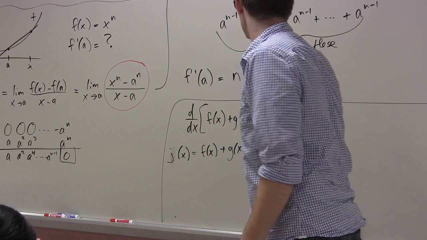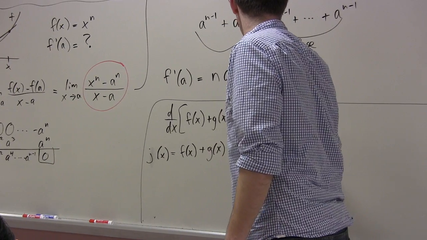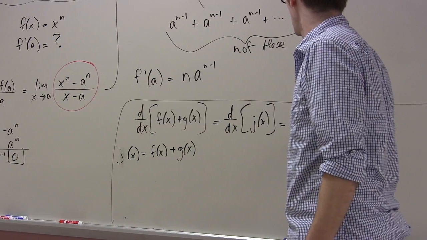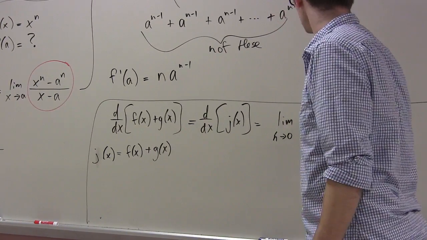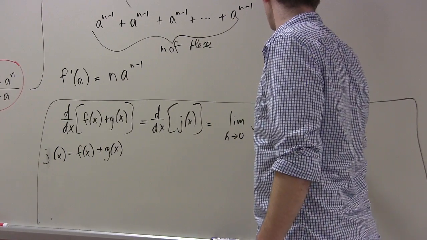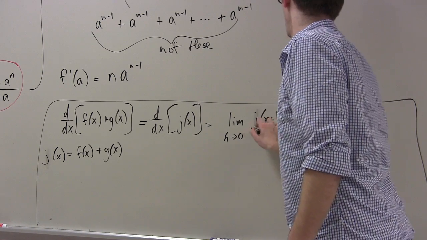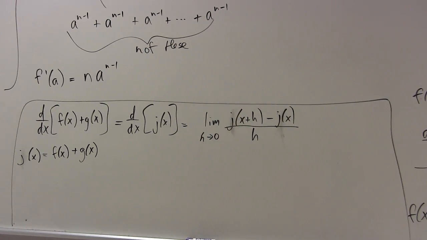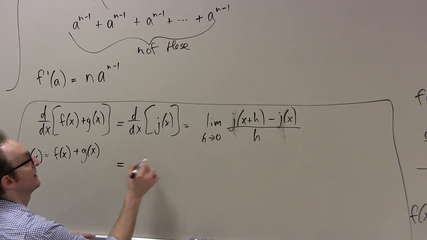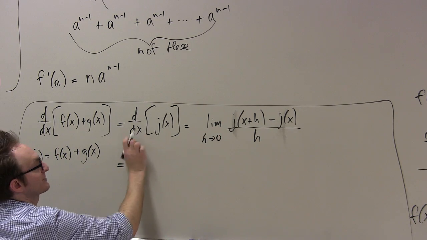Well, by definition, the derivative of the j function is the limit as h goes to 0 of j of x plus h minus j of x all over h. But, of course, what is that? j of x plus h is f of x plus h plus g of x plus h.